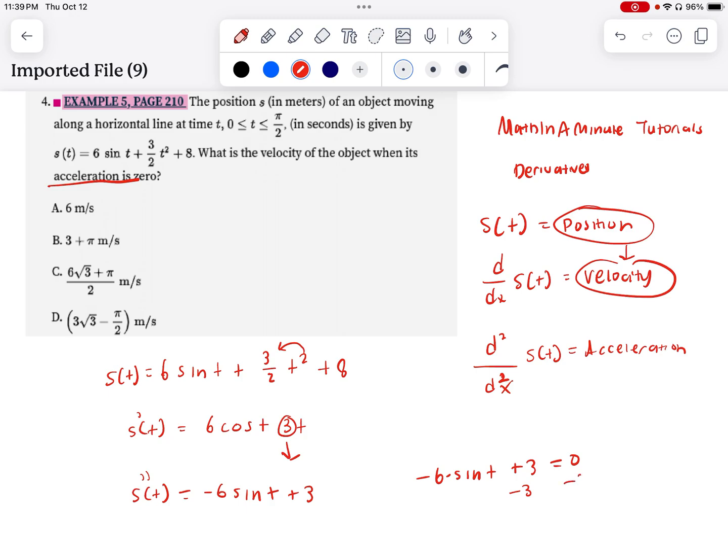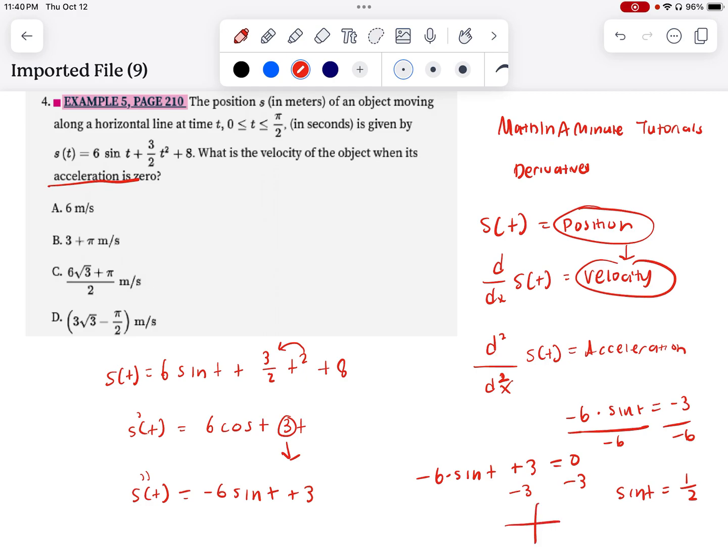And we find that if we subtract by negative 3 on both sides, then we're left with negative 6 times sine of t equals negative 3, and then we divide by negative 6 on both sides, and we get sine of t equals 1/2.